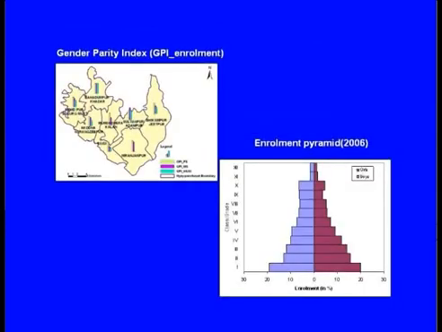Based on this we can work out the gender parity index and the enrollment parameters, and we find that as we go up, the enrollment beyond high school level is very low in this particular region.